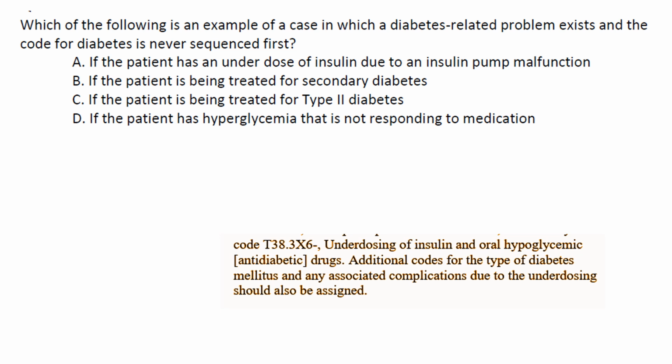Now you will find this guideline in ICD-10 under the chapter diabetes, and in that we know that whenever there is an underdosing of insulin and oral hypoglycemic drug because of the malfunctioning of the equipment, then we write T38.3X6 code first with a 7th character, and then the additional code for the type of diabetes mellitus and associated complication due to the underdosing should also be assigned, but that will be in the second place and the third place respectively, but not in the first place.